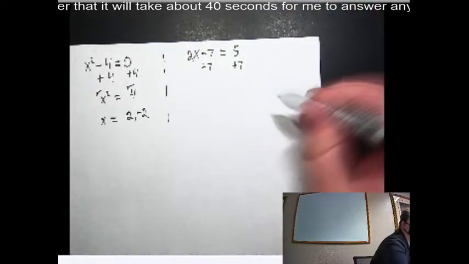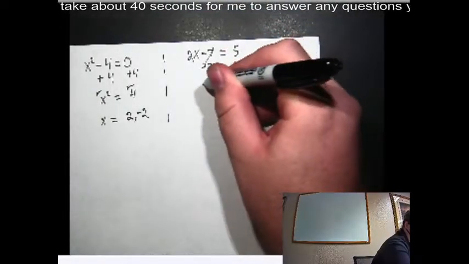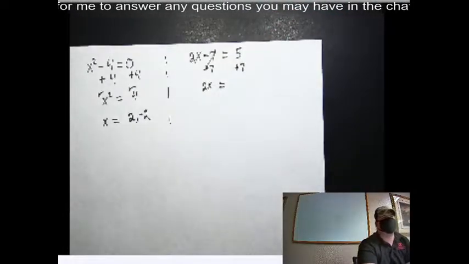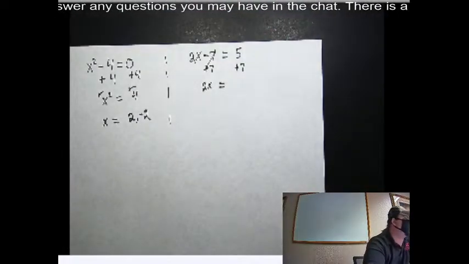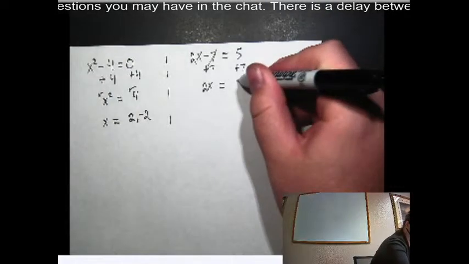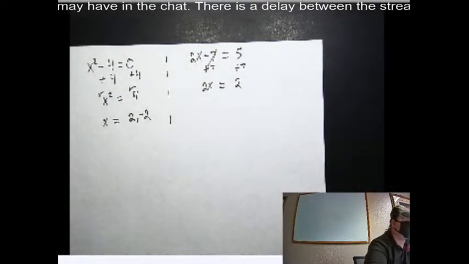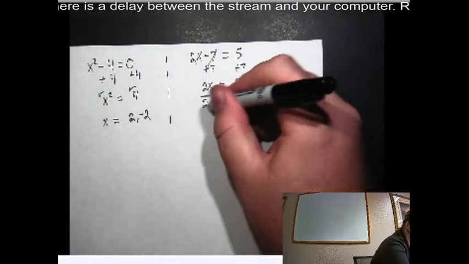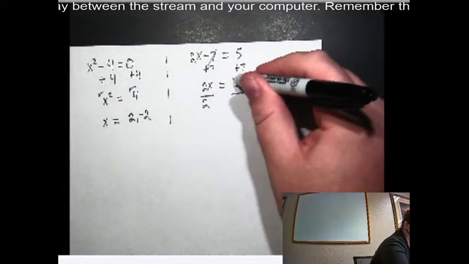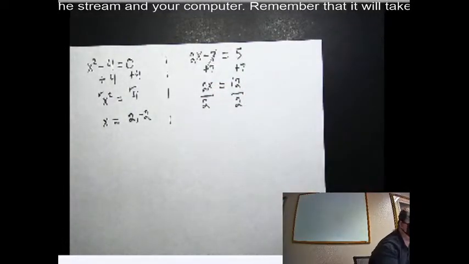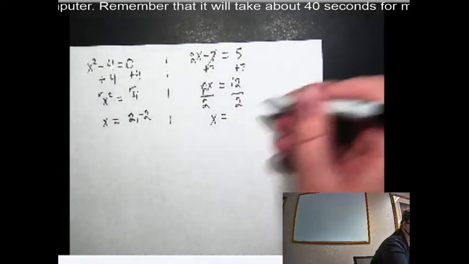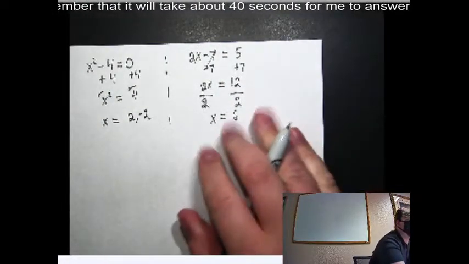So I'll add 7 to both sides. And so that'll cancel here, leaving me with 2x. And what's 5 plus 7? 12. Okay, next step. Divide by 2, good. Oops, that should be 12. And so that cancels, leaving us with x equals what? 6. Okay, so this is what we're used to seeing.